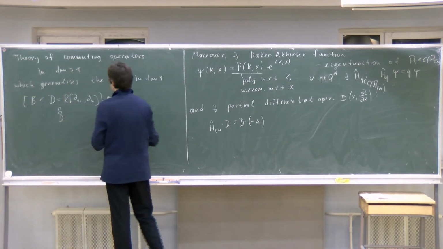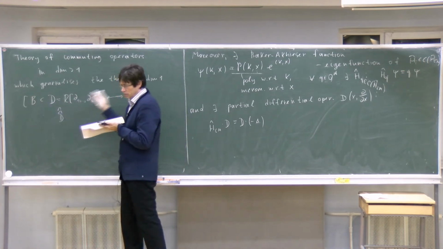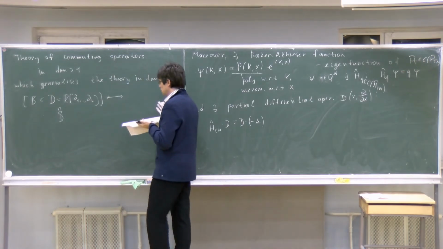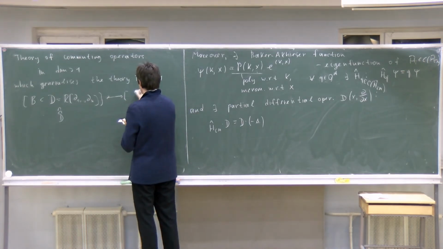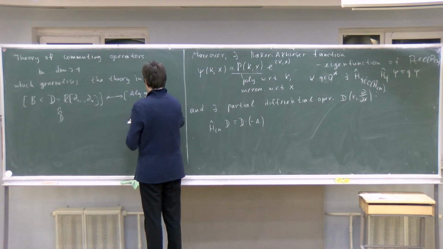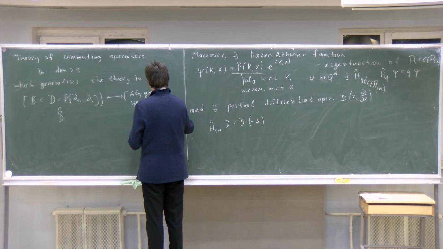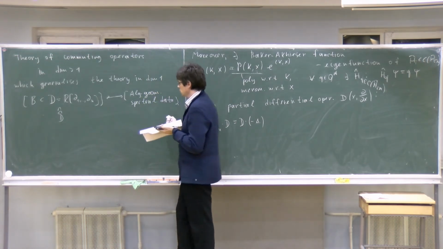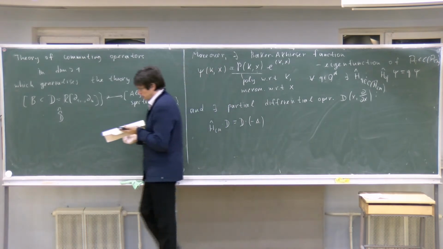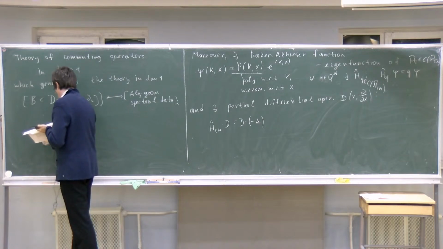And the classification theory tells us that any such ring can be described by its algebraic geometric spectral data. What is this? What is the algebraic geometric spectral data? So now I need to write down.